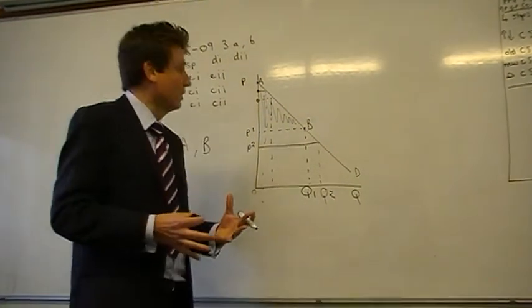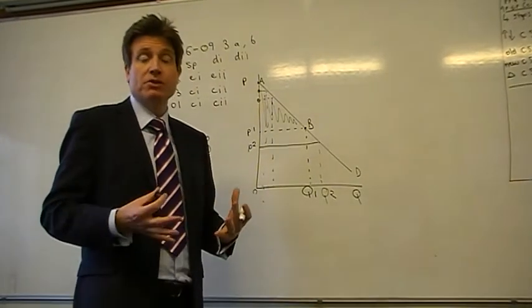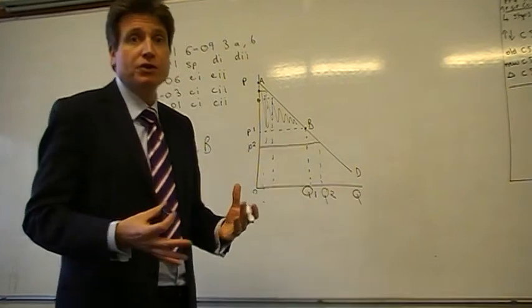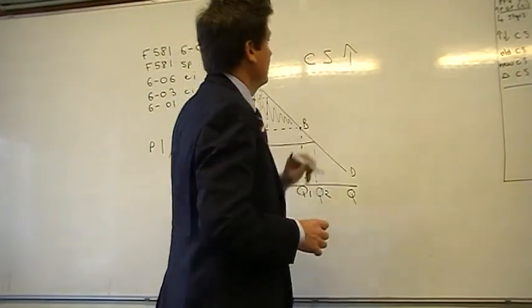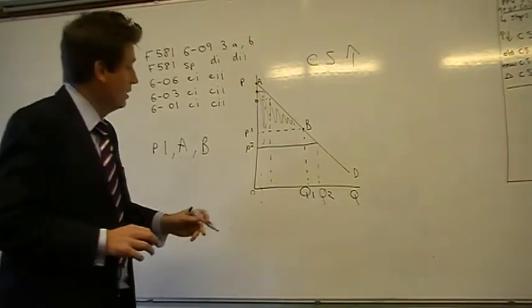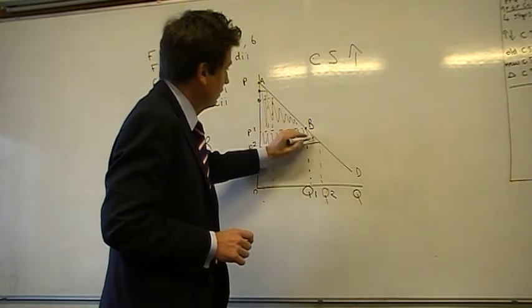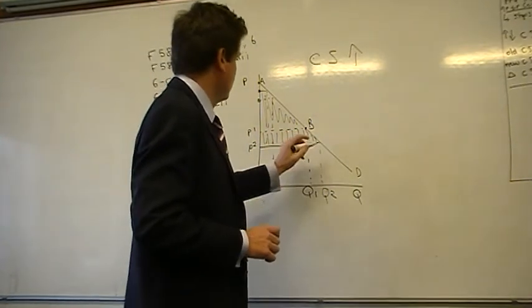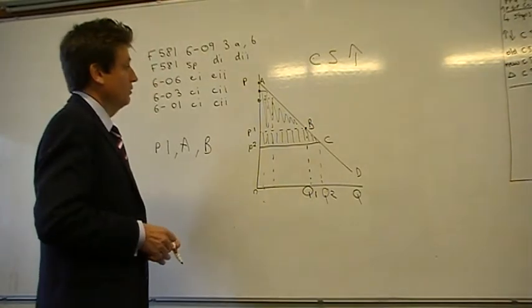Well, it's quite simple really. What has happened is that consumer surplus has increased. And that'd be one of the first things that I put in my answer. Consumer surplus has increased. We could actually show this and label this, for instance, C. So consumer surplus has increased.